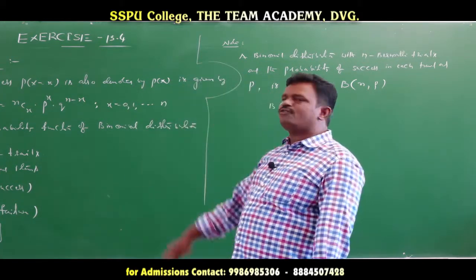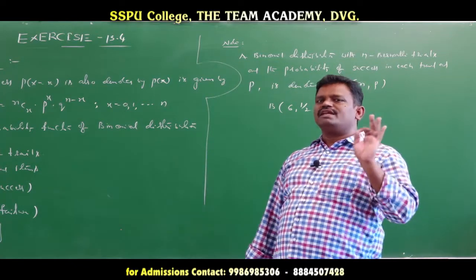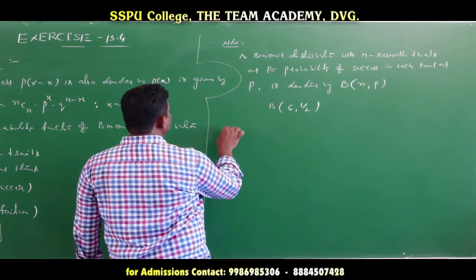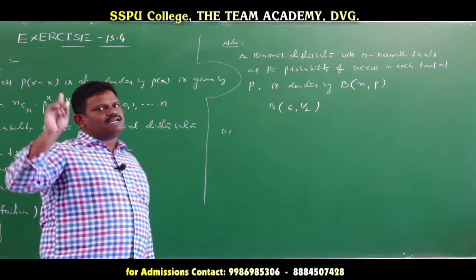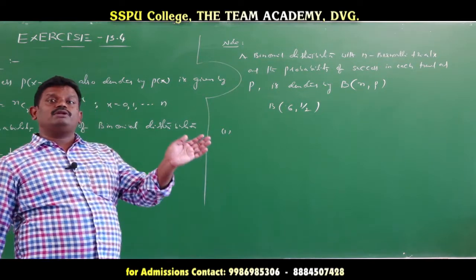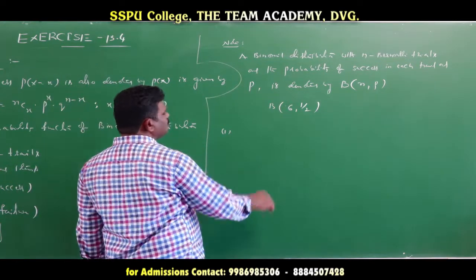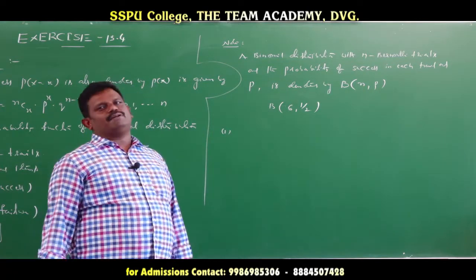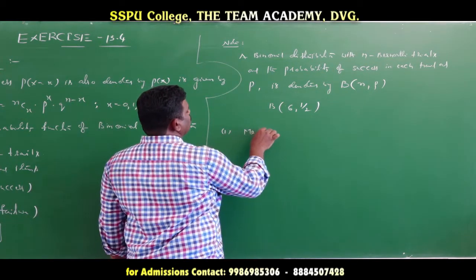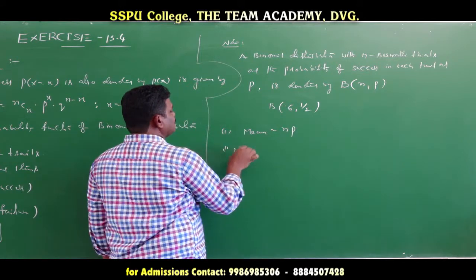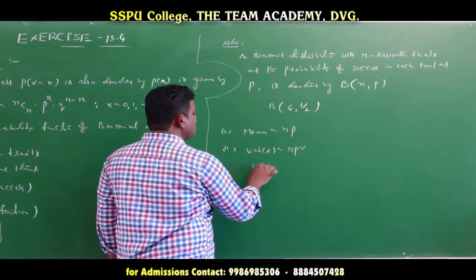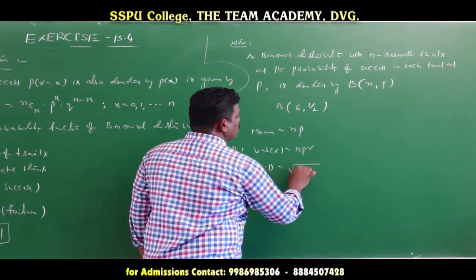If we remember that formula, we can easily get the 5 marks in a board question. It is very important, and the same concept appears on the competitive side also. Sometimes in CET bits, mean, variance and standard deviation are asked. We learned these in the fourth exercise for a probability distribution table. But when the number of trials and P are given, the mean is np, the variance Var of x is npq, and the standard deviation is the square root of npq.